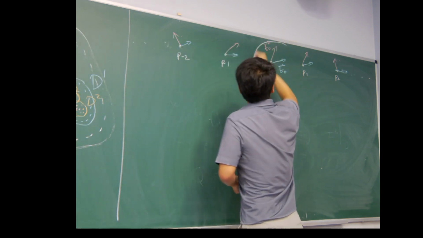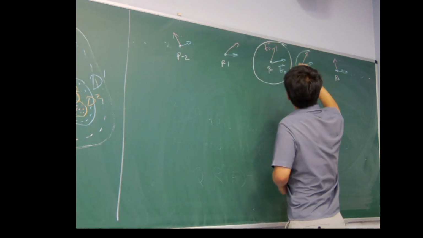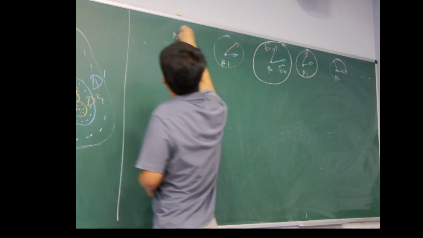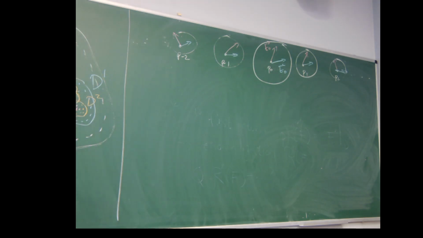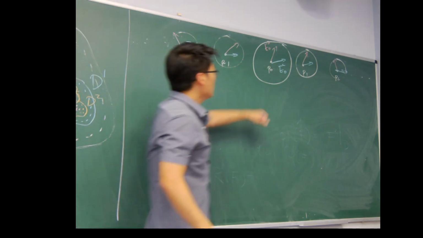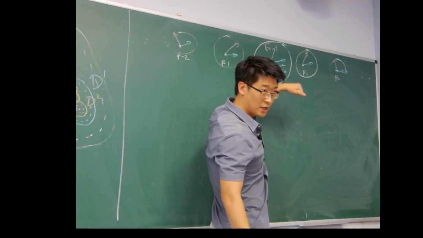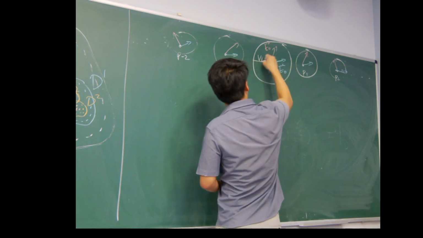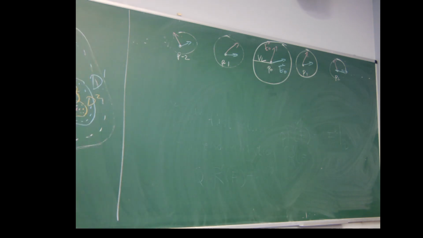So what you can do is you can cover this orbit by balls. Okay? And the sizes of these balls, you'll start with the biggest ball in the middle, and this will be of size 1 over L, to reflect the fact that this thing is L Poisson regular.